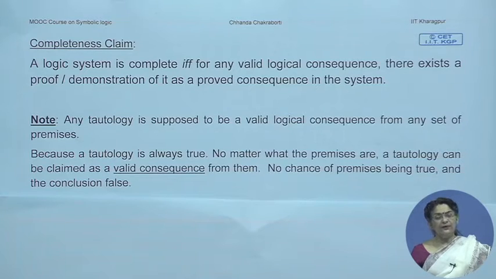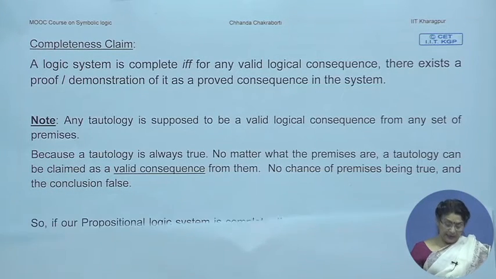There is never going to be a situation when the premises are true and the conclusion is false, because the tautology is always true. So you are avoiding that invalidity condition very clearly. Therefore, in a trivial and sort of an empty way, you can say that a tautology is a valid consequence of any set of premises.